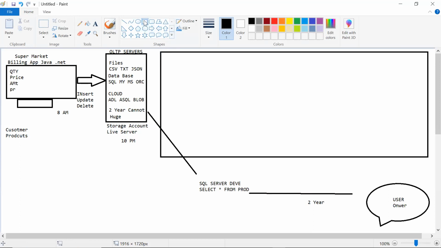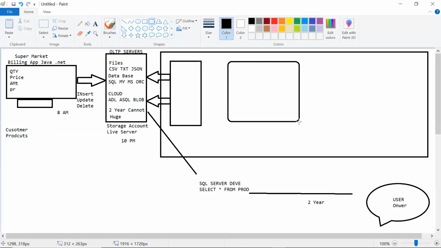So what we do as an ETL developer, as a Data Factory developer, is extract this data, whatever the storage may be. It may be structured, semi-structured, or unstructured data.